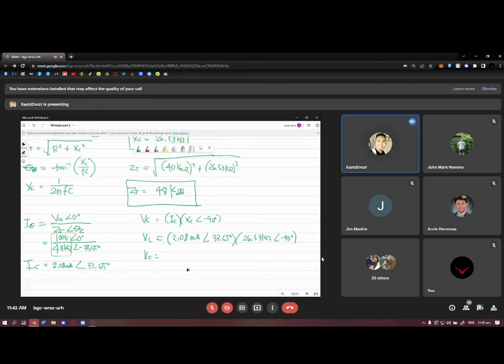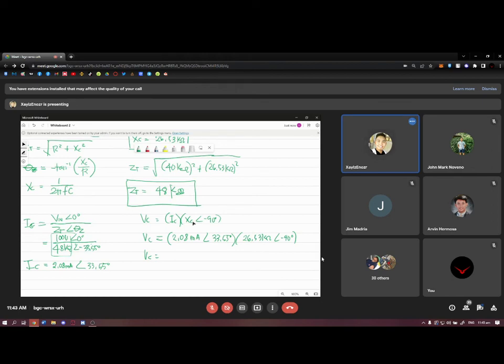Okay, so yan. So VC is equal to IC times XC, angle negative 90 degrees. So nakuha natin yung IC, which is 2.08 milliamperes, angle 33.55, multiplied by yung XC, that is 26.53, angle negative 90 degrees. So ilan ngayon siya? So meron tayo dito multiplication ng dalawang polar.